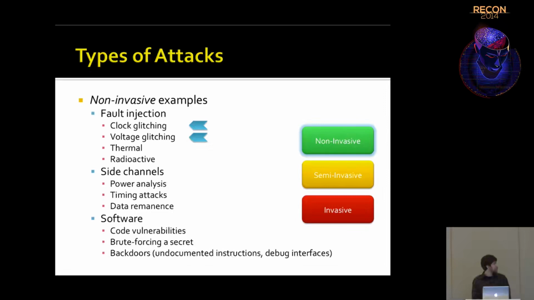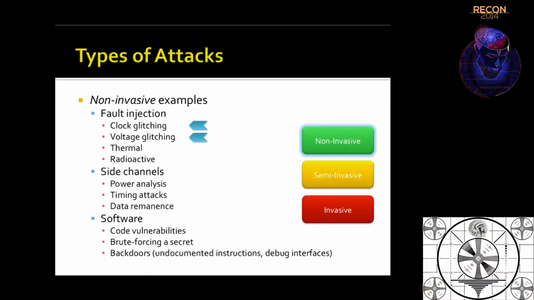So here are some examples of non-invasive attacks. Under the umbrella of fault injection, there's clock glitching and voltage glitching, which I'll cover. Thermal is another: what you've got with an exposed package is pins or the epoxy blob, so you could try to heat that up or heat individual pins, but I don't think it's very fruitful or predictable, because you're basically trying to heat the transistor junctions.